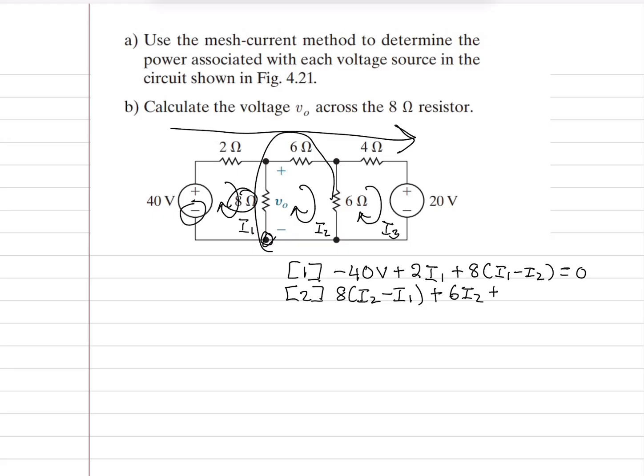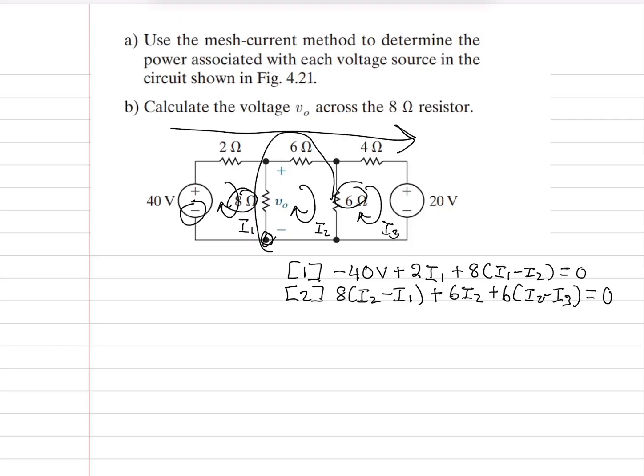And then we're going to have the 6 ohm resistor over here, multiplied by I2 minus I3. And then that equals 0.